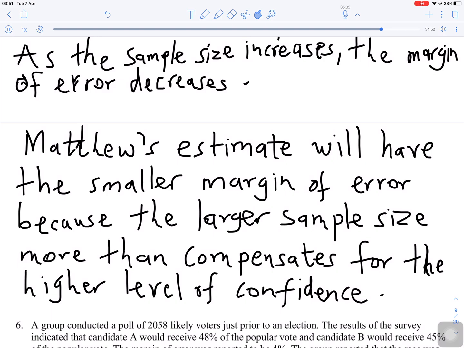So there will be a much more influence coming from the sample size. And you know, a larger sample size results in a smaller margin of error. So the conclusion is Matthew's estimate will have the smaller margin of error because the larger sample size more than compensates for the higher level of confidence.